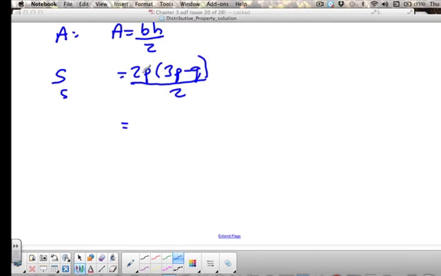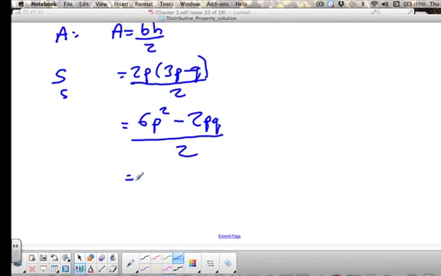So 2p times 3p is 6p squared, because p times p is p squared, and 2 times 3 is 6. Subtract 2p times negative q is subtract 2pq. And this is all over 2.